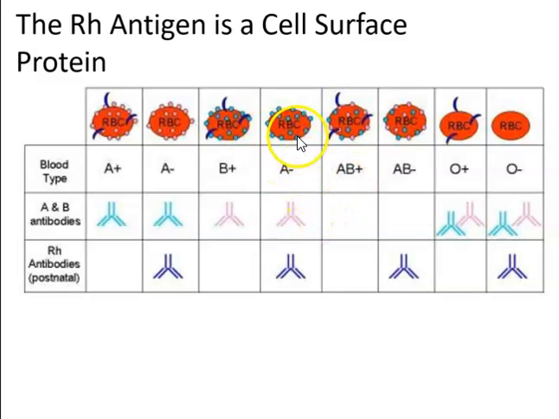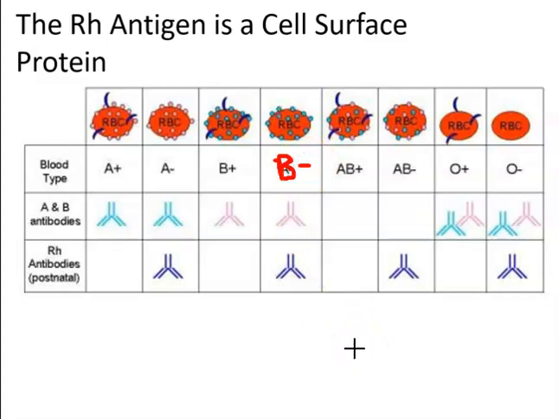And here we see a patient who is A negative. Actually, that is a mistake. It should be B negative. So I'm going to write a letter B here, so you guys can make that correction. This should actually be B negative, not A negative.